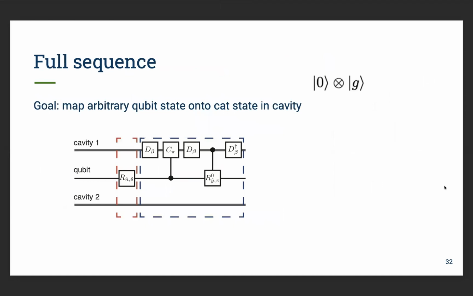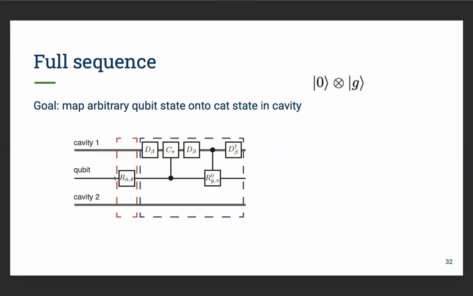Okay, so those were our two really important operations. But in order to actually transfer information from the qubit state onto a state in the cavity, we have to combine this with some other pulses. So you can imagine the following pulse sequence. Initially, say we have no photons in the cavity and the qubit's in its ground state.